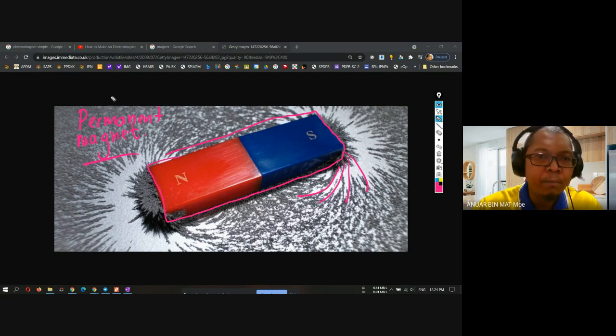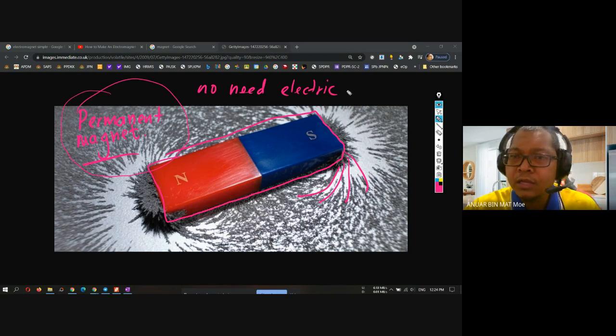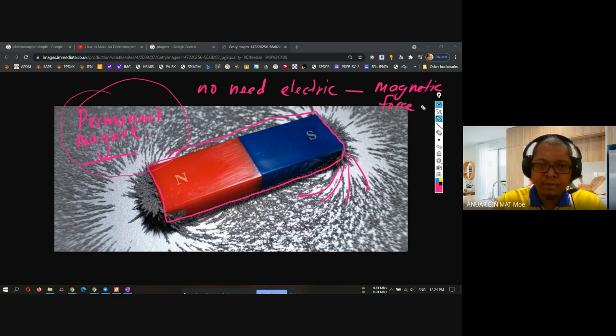This is what we call a permanent magnet. We do not need electricity in order to create magnetic force or magnetic field. Okay, this is permanent magnet. You understand this, class? Right?